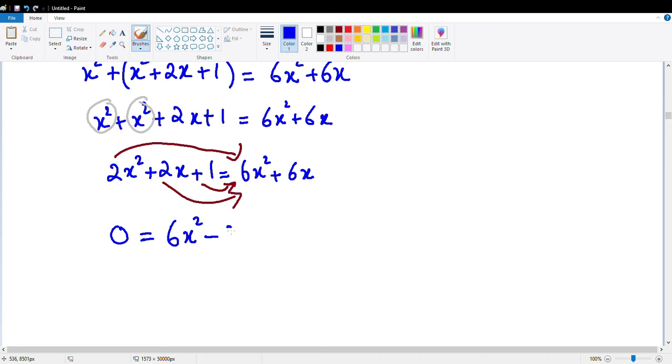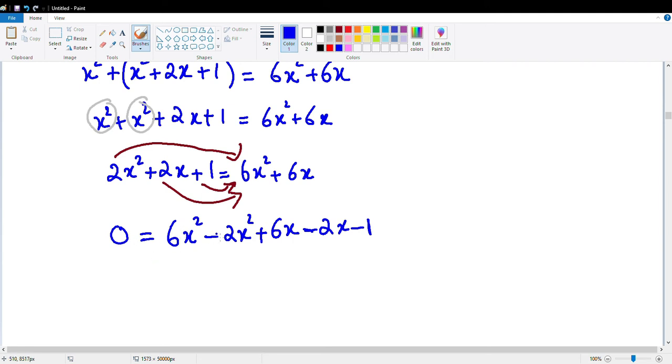So we get minus 2x squared plus 6x, and 2x was smaller than 6x, so I'm letting it come after. Its sign will change as well, so it'll be negative since it's positive. So it's minus 2x, and then there's minus 1, because this one is positive.